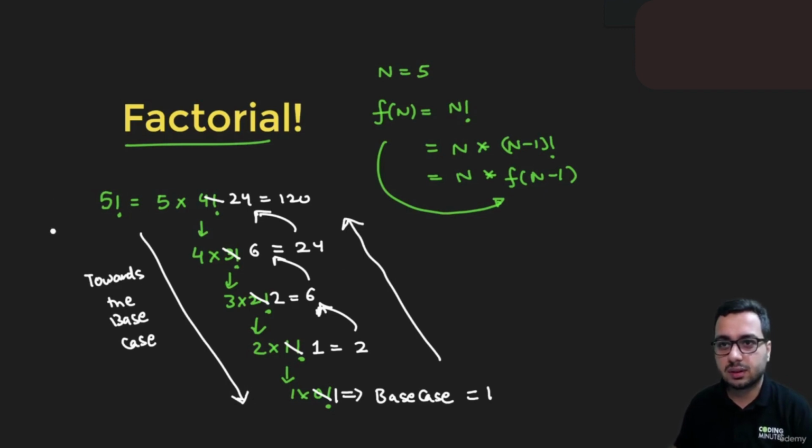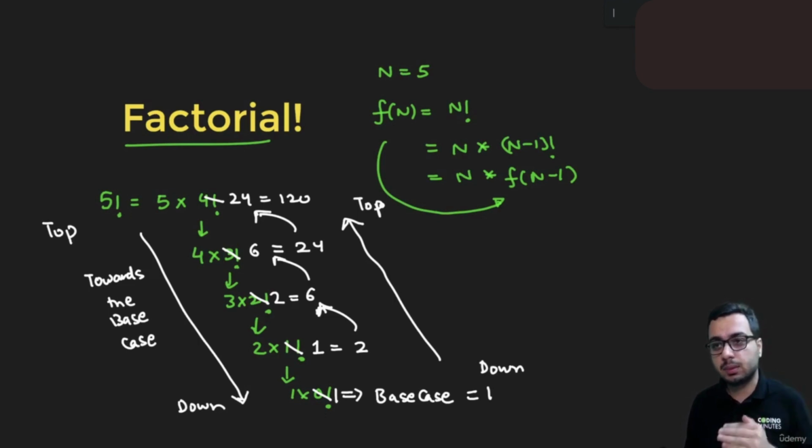So this is from top to down, and this is from down to top. So we would be doing work in two directions. First, we would be breaking and simplifying the problem, then we would be combining the solutions to form the answers of the bigger subproblems that we have left. So this is how recursion is going to work.